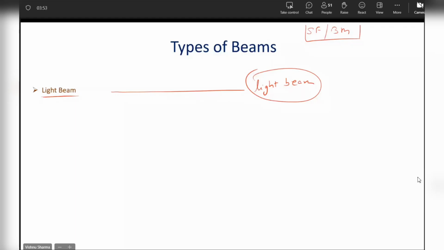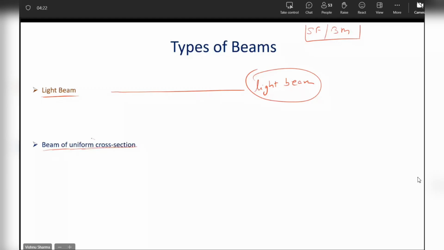Is that clear, beta? The second type of beam that will be in our questions will be a beam of uniform cross section. There will be only two types of beams in our context. There can be multiple types, variable beams and all those things. A beam of uniform cross section means the weight of the beam will be significant and it has to be included.